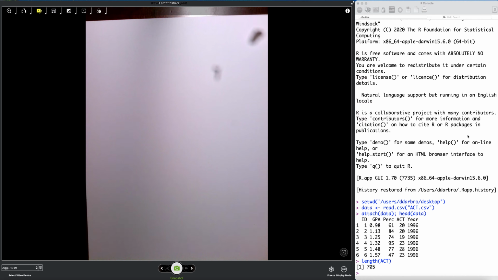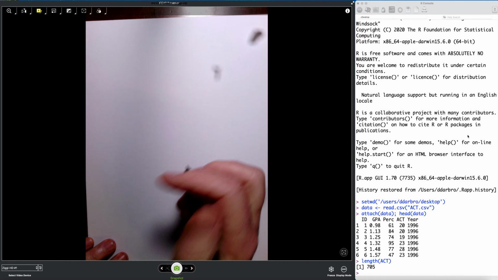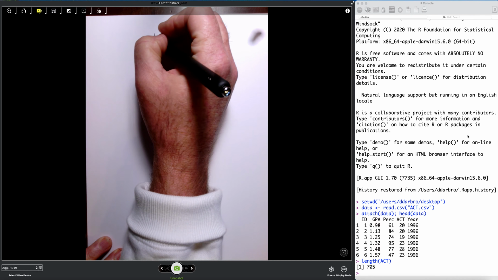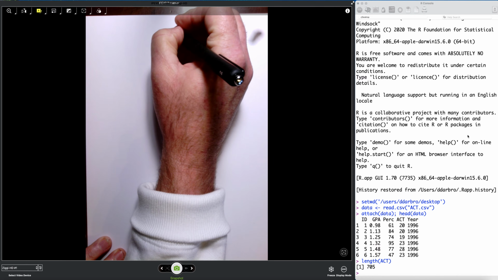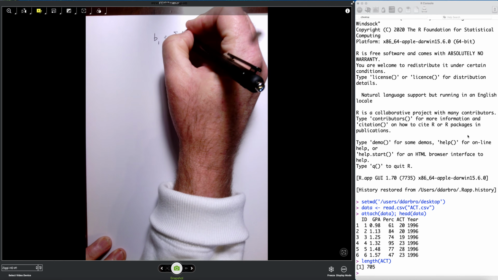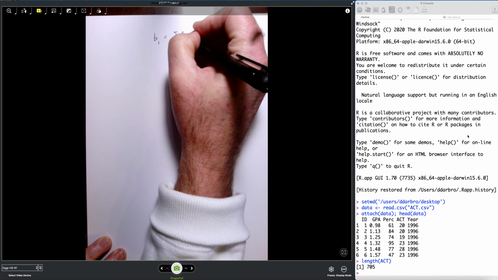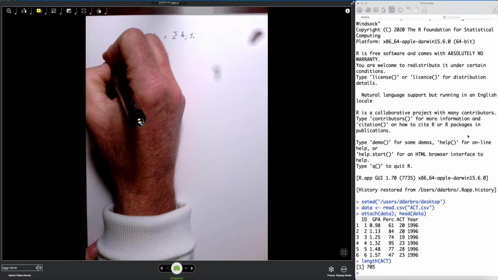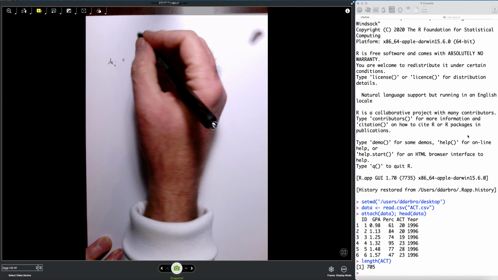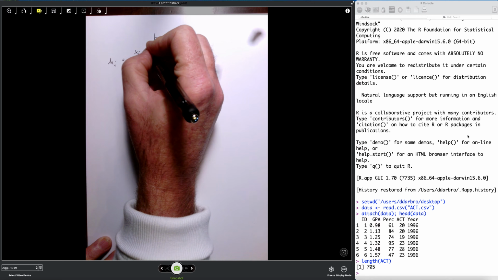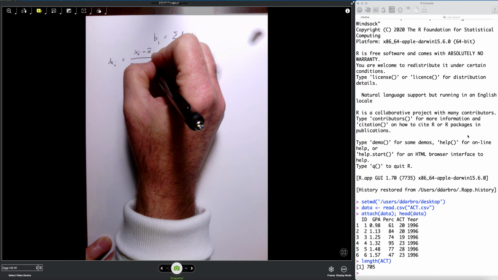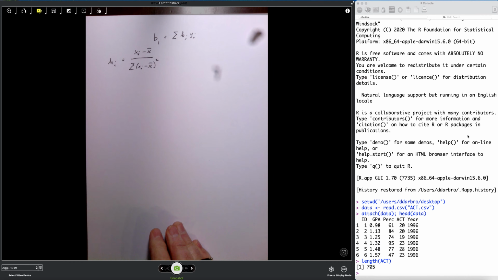If we're going to prove this, we start by showing that b1 can always be rewritten as a linear combination of some k sub i times our y sub i's, where you can prove that the k sub i that does the trick is this value right here.